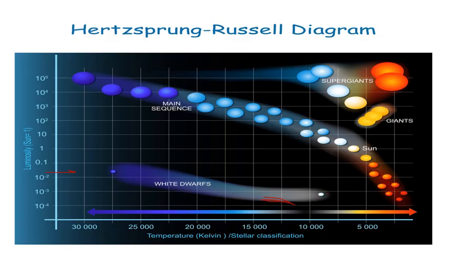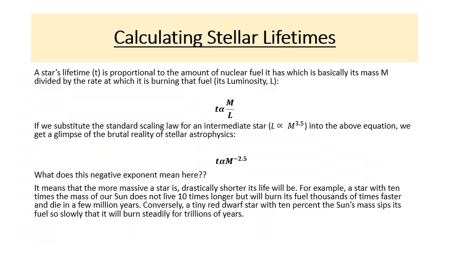And we can see how the temperature is increasing in this direction, and the luminosity is also here. The luminosity for the supergiants will increase linearly.